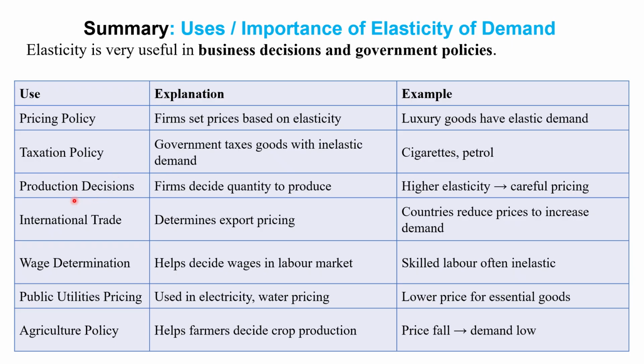We can also study production decisions, where firms decide the quantity to produce. We can also study international trade, which determines export pricing. Next is wage determination, which helps decide wages in the labor market. Next is public utility pricing, used in electricity and water pricing. The last one is agriculture policy, which helps farmers decide crop production.